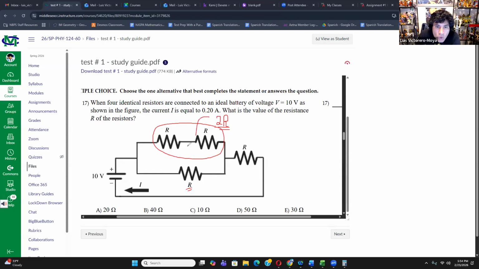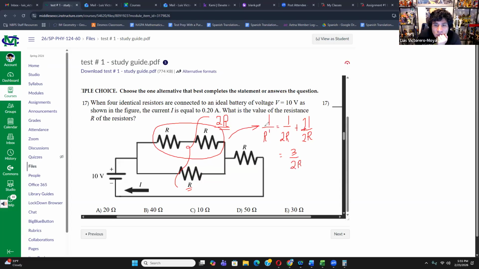So these two, you can combine them into one like this. 1 over, I'm going to call it R prime so you don't get confused, is equal to 1 over 2R plus 1 over R. That, if you multiply by 2, you get 3 over 2R.